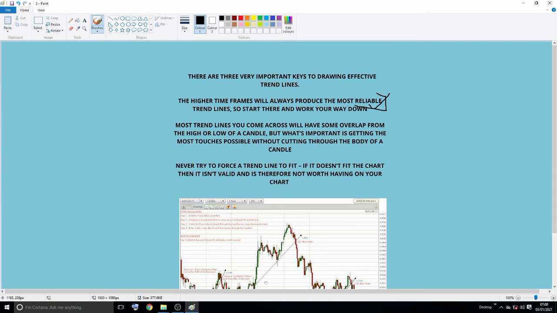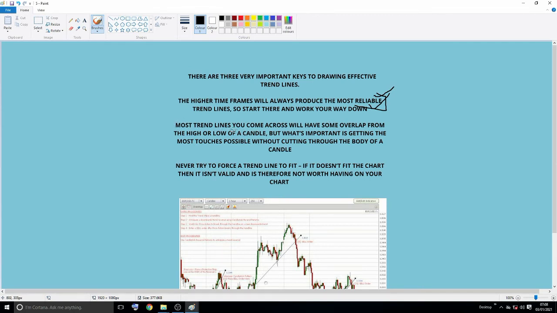So what this statement means is that at least start analyzing on a daily time frame and go down to 4 hour and keep on going down to lower time frames, because higher time frames tend to give reliable trend lines.